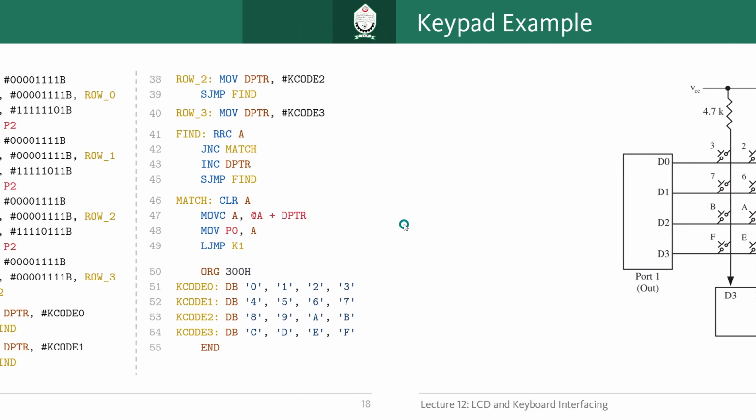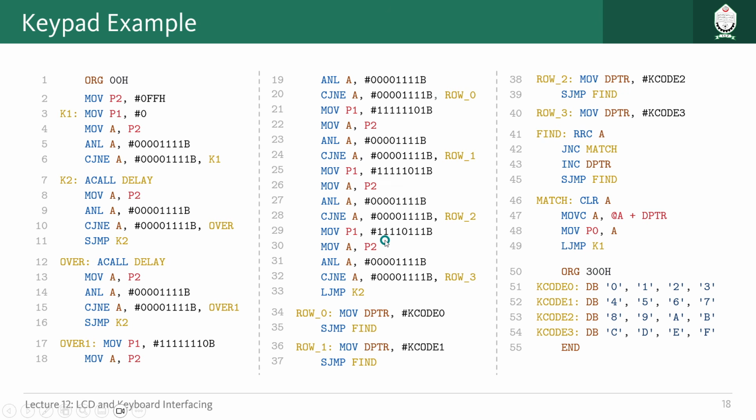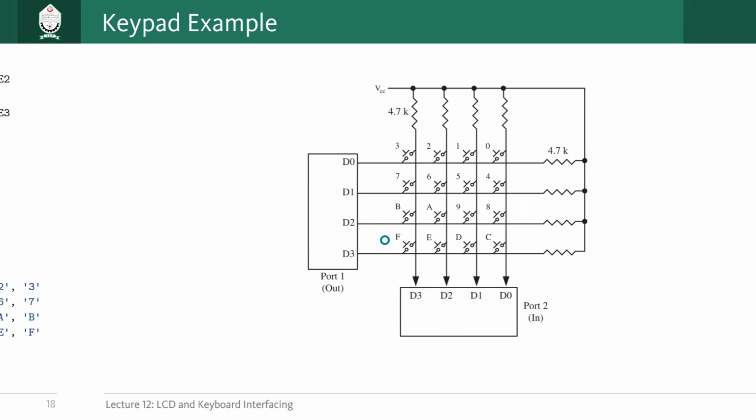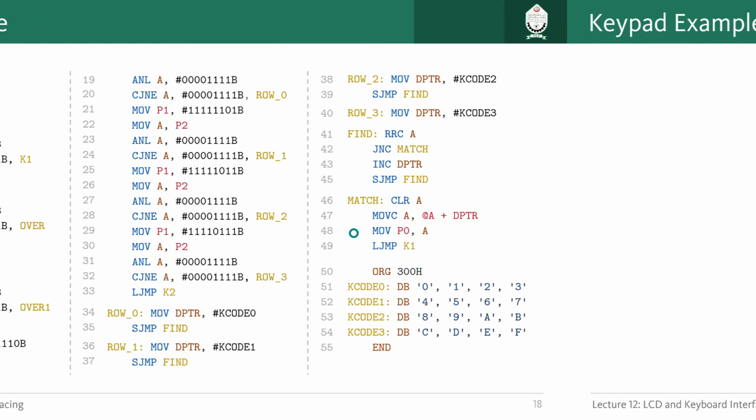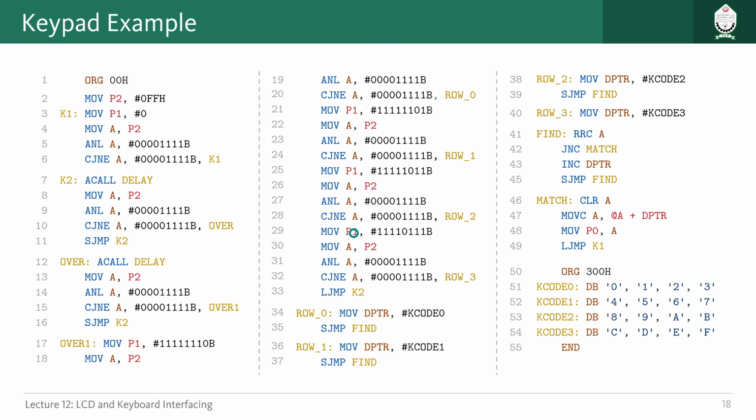To explain with an example, we can assume that for a certain case button A has been pressed. We will first try to understand how the code will respond and be executed to find the corresponding ASCII character that represents this button. So let us start here.